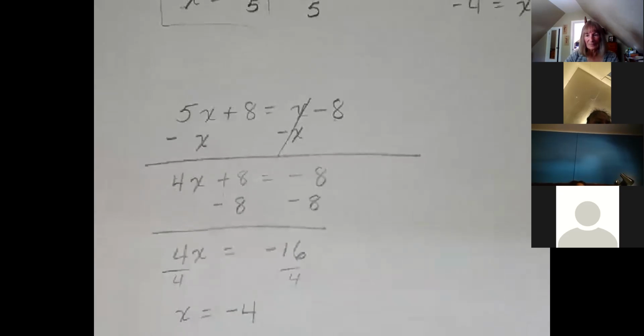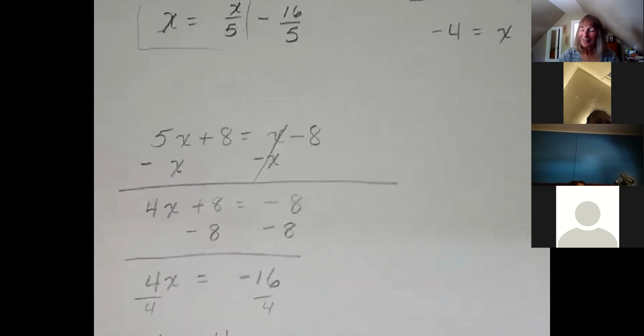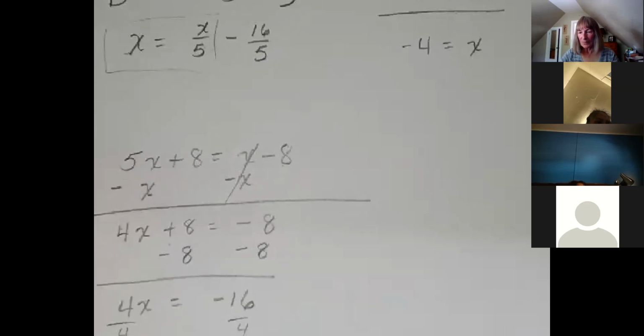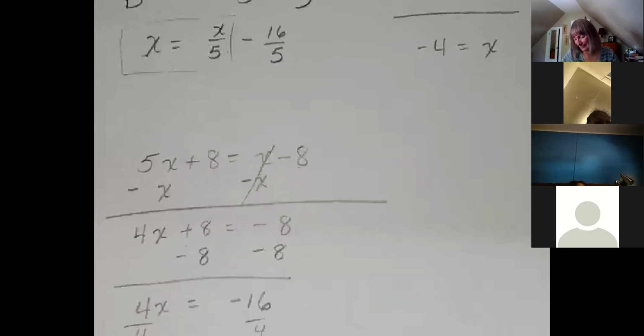I like that way better. Way easier. So doing the variables first almost seems like a better idea. It's a good idea, and it was a much better idea for this particular problem.